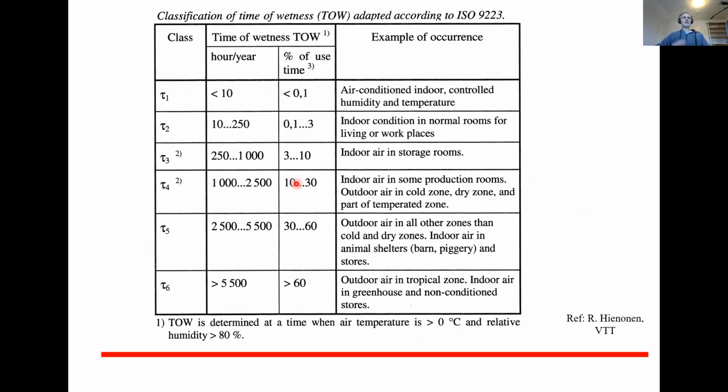And now let's again start from the pure humidity. Almost all of these environmental condition classifications start the analysis from the same approach, which is, for example in this ISO standard, called time of wetness, TOW.